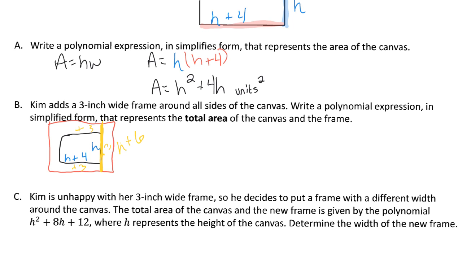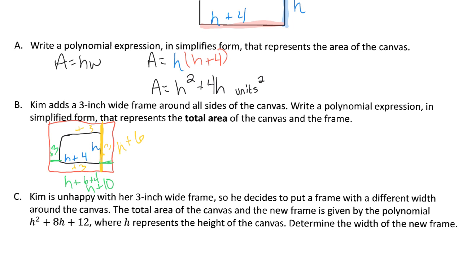Same thing with our width. We're adding 3 inches over here and 3 inches over here. So that's why it's h plus 6 plus 4, because we're adding 6 more inches to the 4 that were already there, or simply h plus 10.